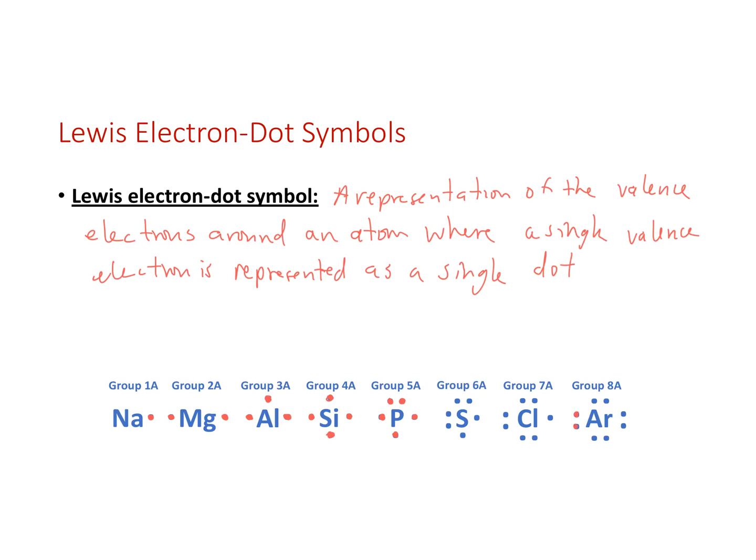Argon is our noble gas, so it's going to have the full octet, a total of 8 valence electrons. So these Lewis electron dot symbols, that's all they do, they represent the number of valence electrons that each atom has, and it helps us visualize during the course of a reaction how many electrons I need to lose or gain to obtain that full octet, that full outer shell of 8 valence electrons.